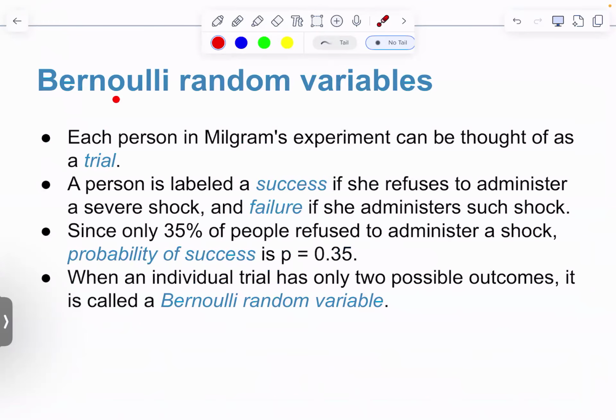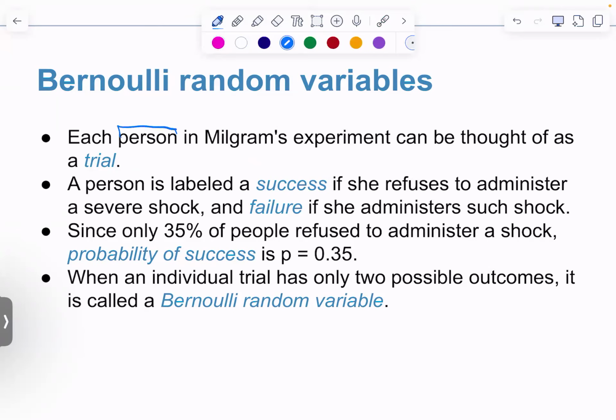Bernoulli, famous statistician and mathematician. What we call a Bernoulli random variable is broken down into trials and successes and failures. Each person in Milgram's experiment can be thought of as a trial.